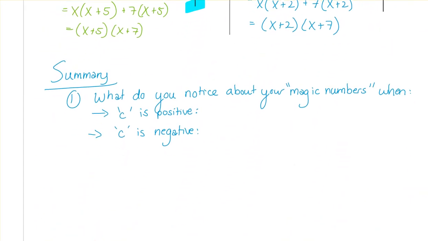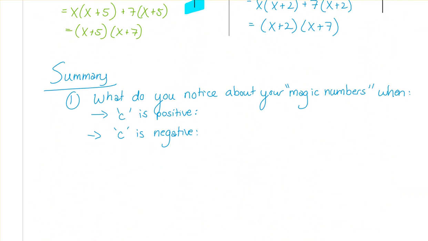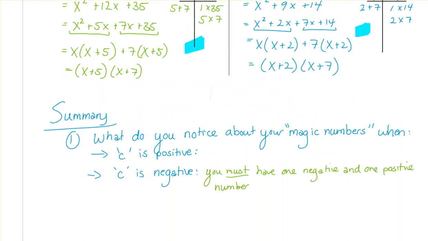So let's make that note. When C is negative, you must have one negative and one positive number.